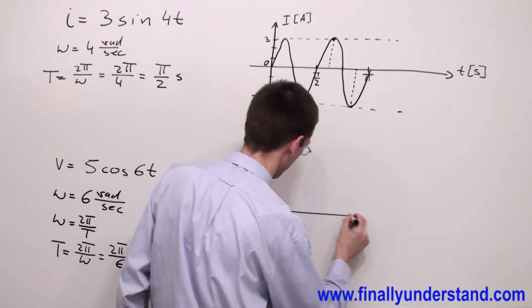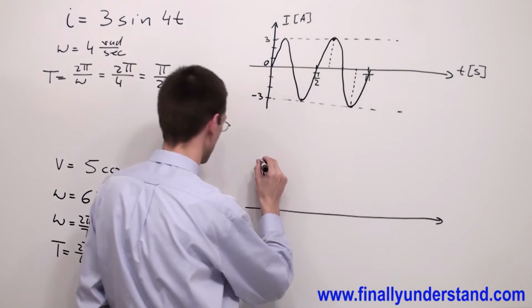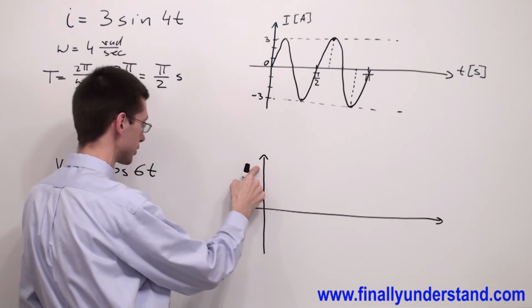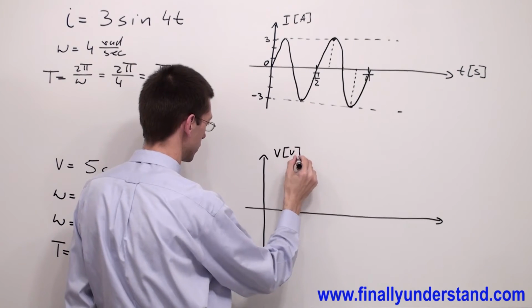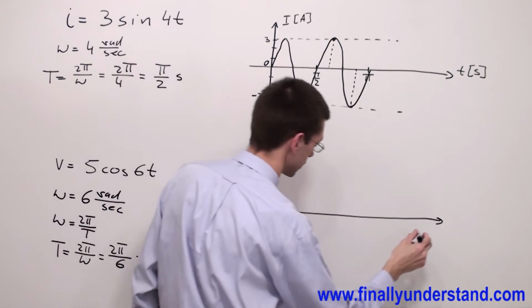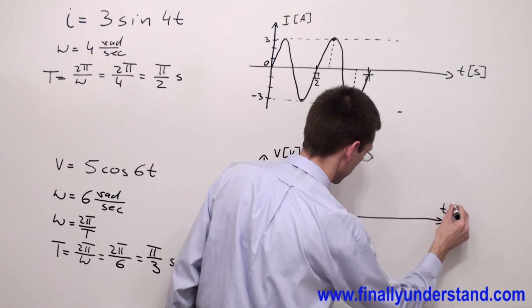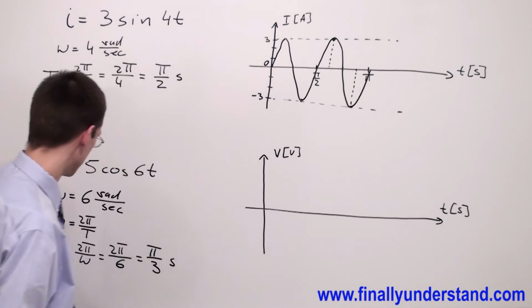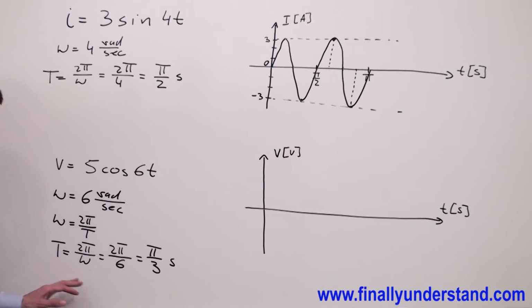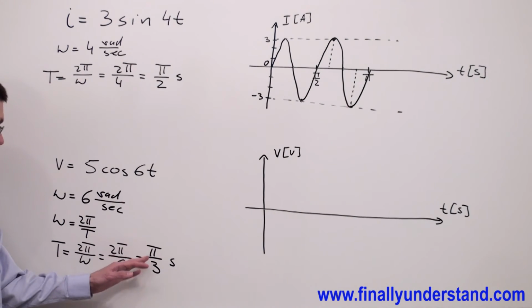I have an xy plane where my y-axis is my voltage measured in volts, and the x-axis is the time measured in seconds. The period of my wave is pi over 3 seconds.